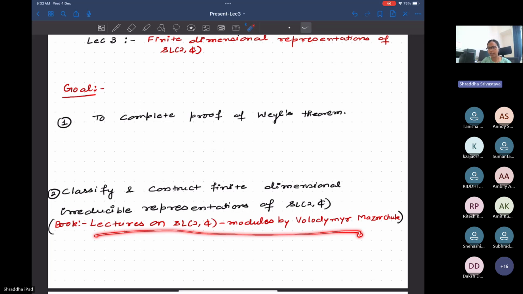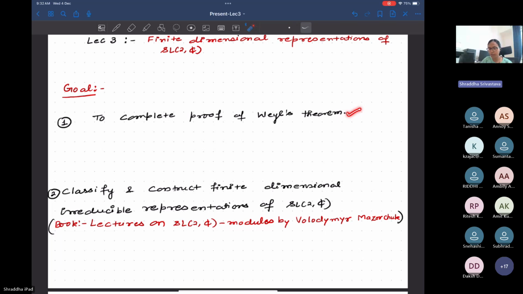So if you are interested, you can have a look, and I will also be following this book somewhat closely, which does not affect too much. You can still do the way things are done in Humphreys or any other book. Everything is the same.